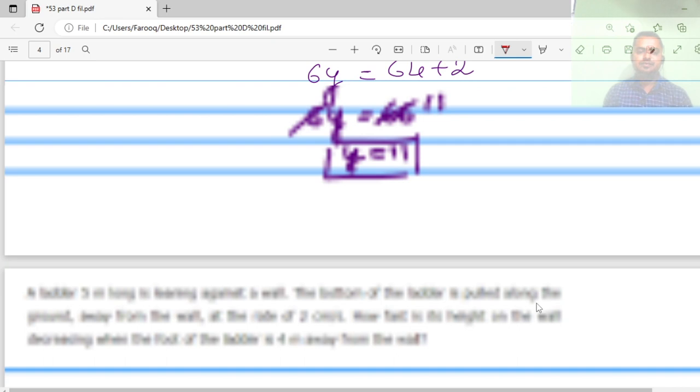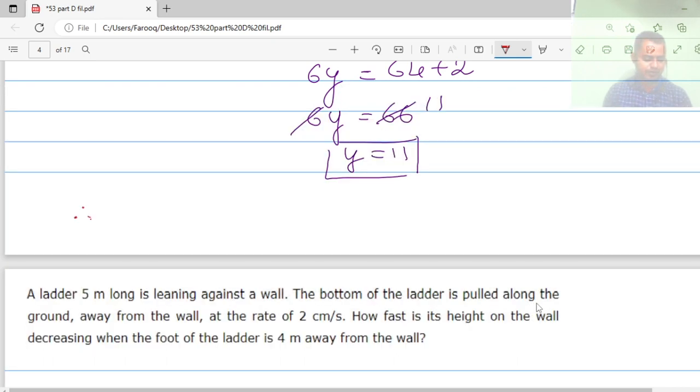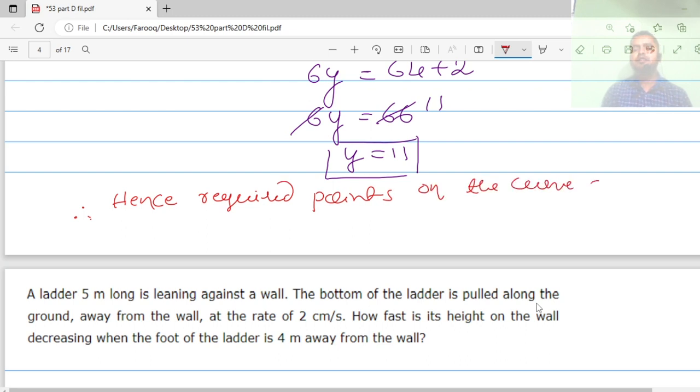Hence the required points on the curve are: when x is equal to 4, y is 11, and when x is equal to −4, y is −31/3. This is the solution of the problem.